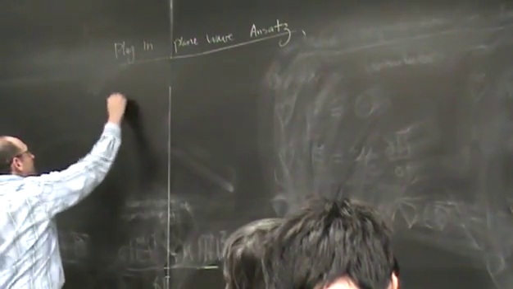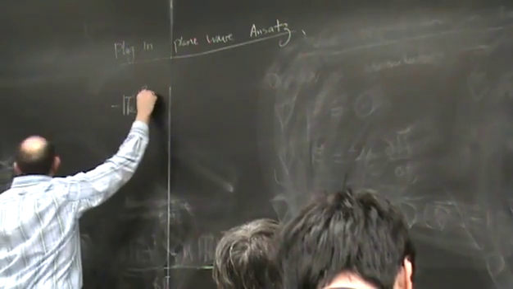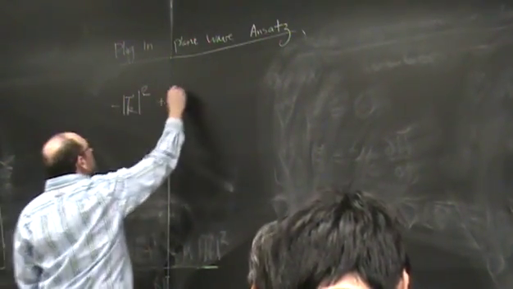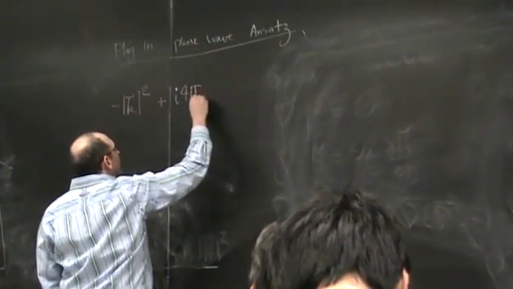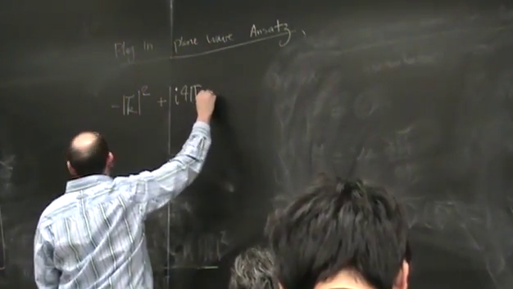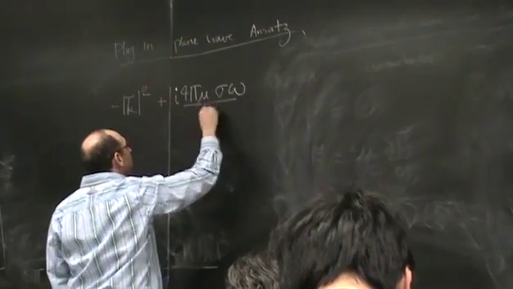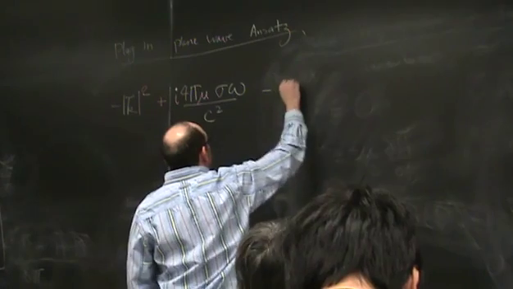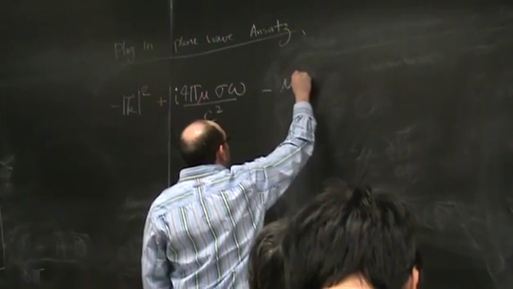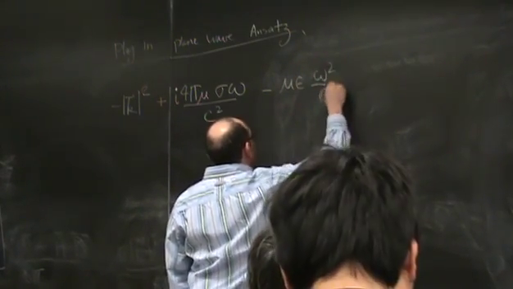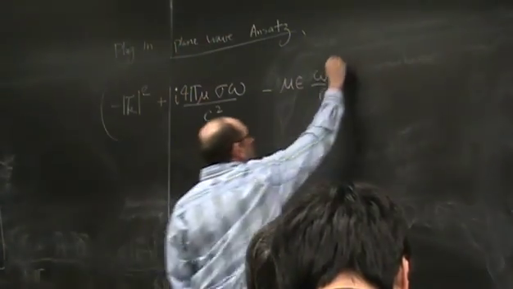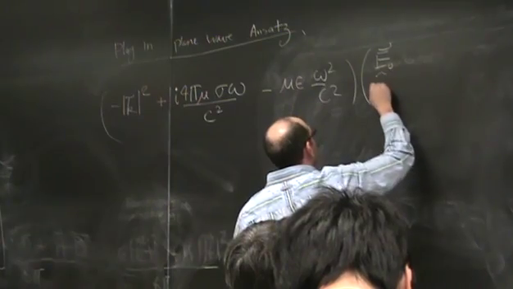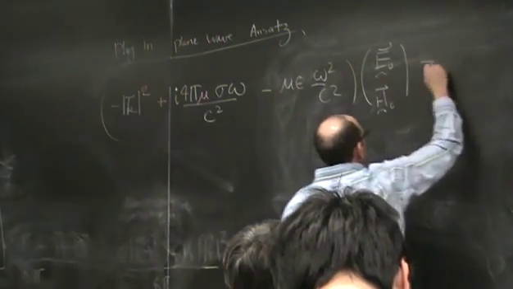And I get minus k dot k plus i 4 pi mu sigma omega over c squared minus mu epsilon omega squared over c squared, acting on either E0 or H0, equals 0.